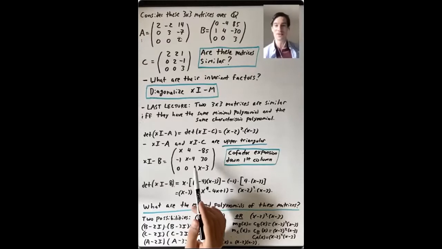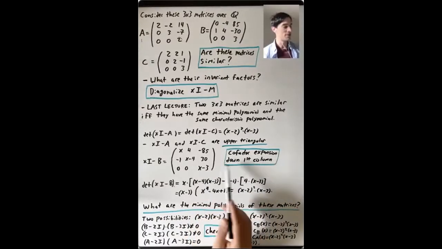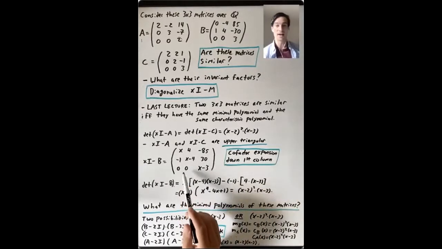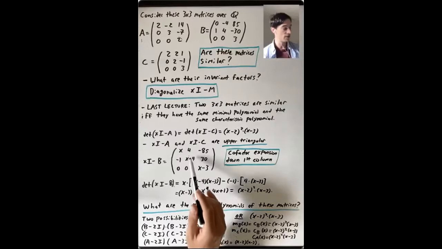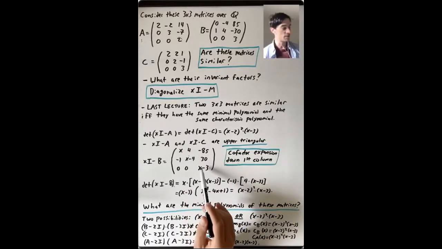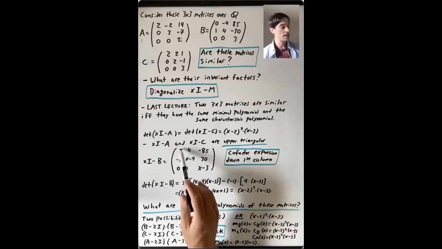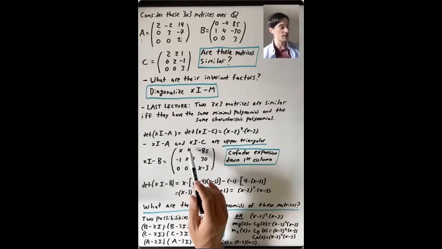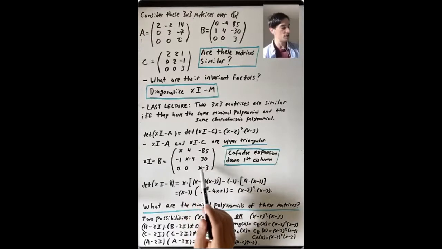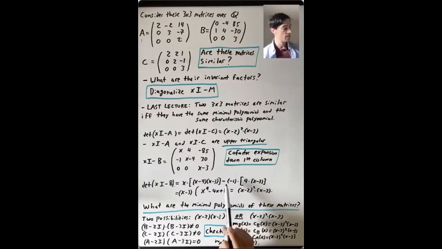So how do we compute this determinant? This is a nice opportunity to practice a little bit. You can do cofactor expansion down the first column. So this determinant is x times this 2x2 determinant, which is x times 4 times (x minus 3) minus 30 times 0. So I'm not even going to write that part. And then minus 1 times this 2x2 determinant, 4 minus 85, 0, x minus 3. So you get minus 1 times 4 times (x minus 3).